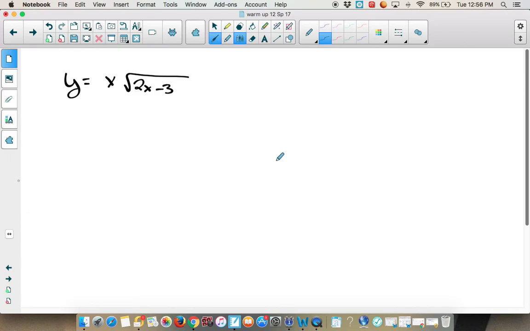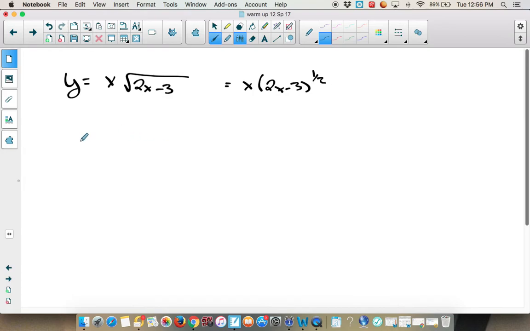There are a couple of different ways to work this. Okay, I can do the product rule. This is equal to x times 2x minus 3 to the 1/2.